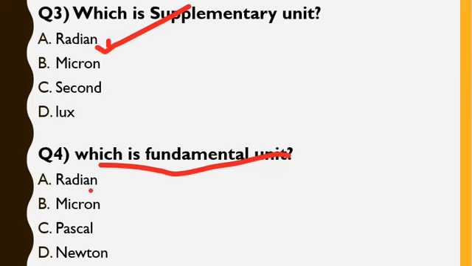And we know that radian is a supplementary unit. Micron is 10 to the minus 6 meter, a unit of length. Yes, this is a fundamental unit. Pascal is not a fundamental unit. It is equal to Newton per meter square, pressure. Newton is also not fundamental. Pascal and Newton are derived units.